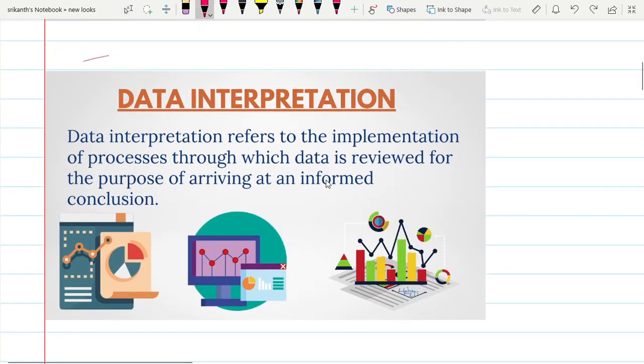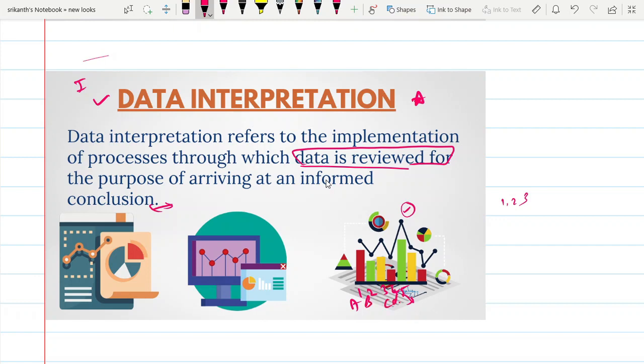An example is data interpretation. Data interpretation is a type of intellectual potential test, where they give you certain data which you have to review, and then arrive at some conclusion. Let's say they have given you a bar chart with A, B, C, D, E. Which is the highest? It is E. Which is the lowest?